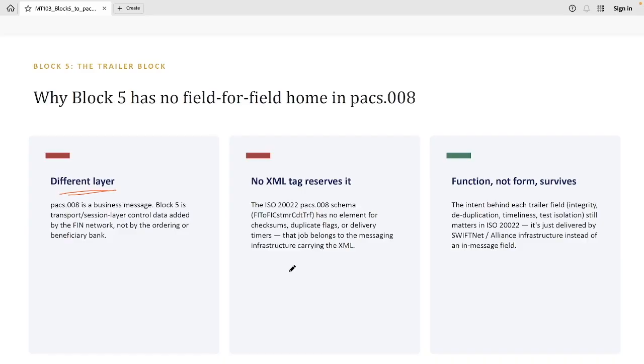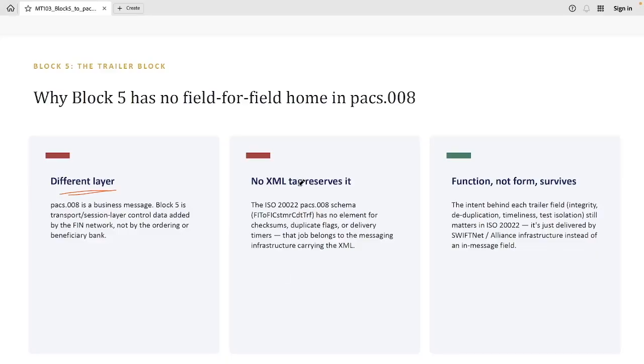So the pacs.008 schema is not designed to reproduce the FIN message character by character. ISO 20022 migration is about representing the required business meaning in a richer data model, while technical delivery controls are handled by the appropriate message layer.